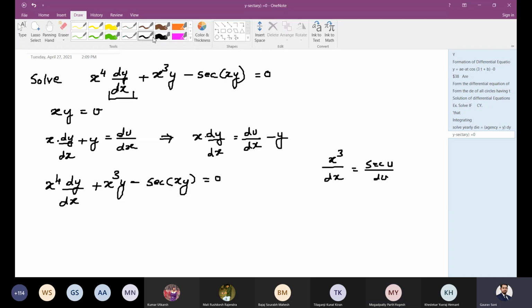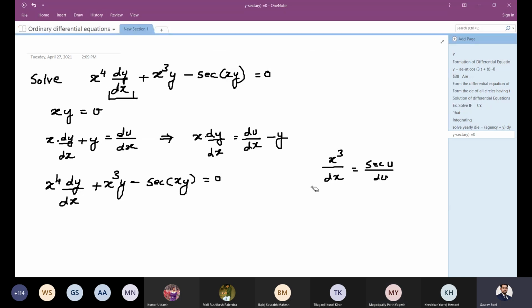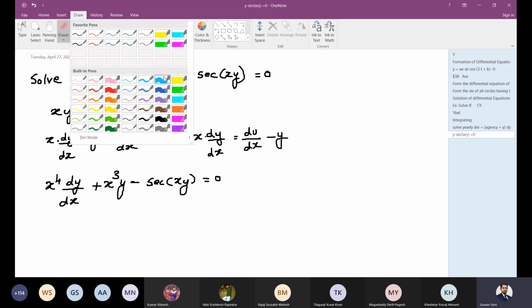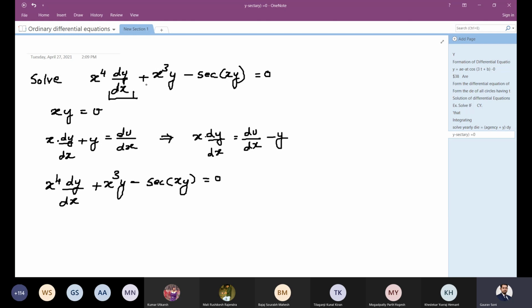Look, for the others, the reason I stopped there was, whenever we make a substitution, you should keep one thing in mind, that one variable should disappear from the equation. Either it has to be x or it has to be y, depending on your substitution. There should be only two variables after the substitution.